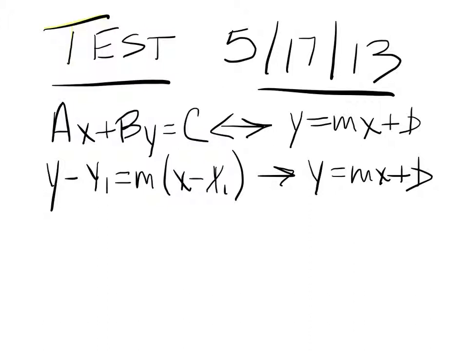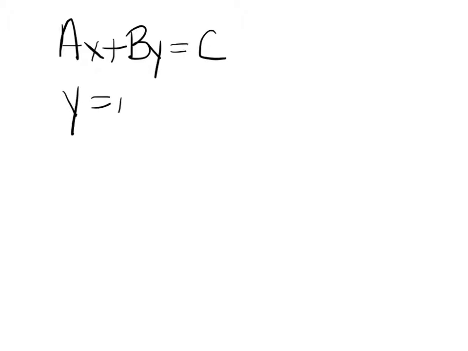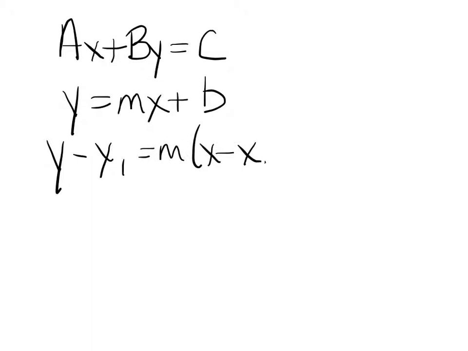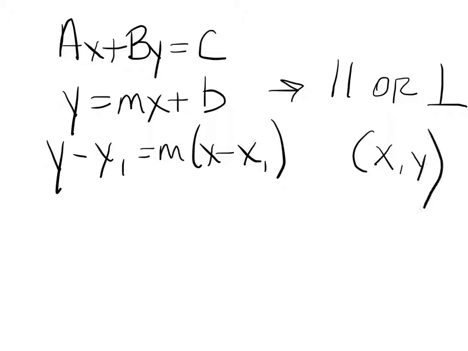And you must be able to change point slope into standard as well. Also on the test, you're going to be given equations that are in standard form, slope intercept form, and point slope form. And you must be able to find either a parallel or perpendicular line that passes through a given point.